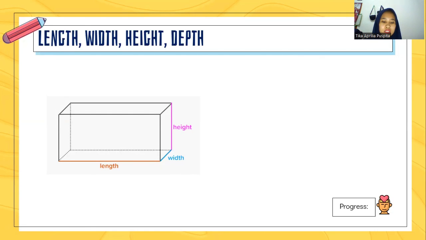The width is the distance from one side to another, and the blue one, the height. The next one is height. The height is distance from the bottom to the top, and the depth is how far something goes into space.